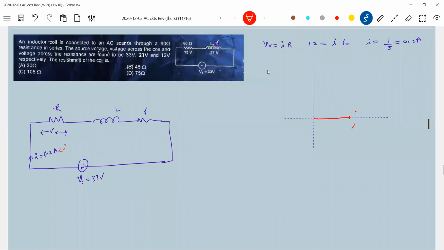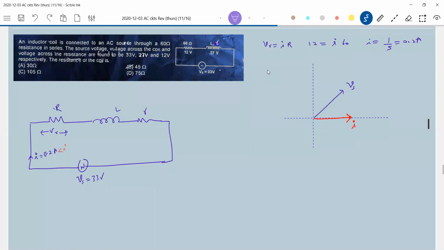In an RL circuit, is it a lag or a lead? In an RL circuit, it's a lag, no? So therefore the applied voltage should lead. This is what overall conditions I'm putting.